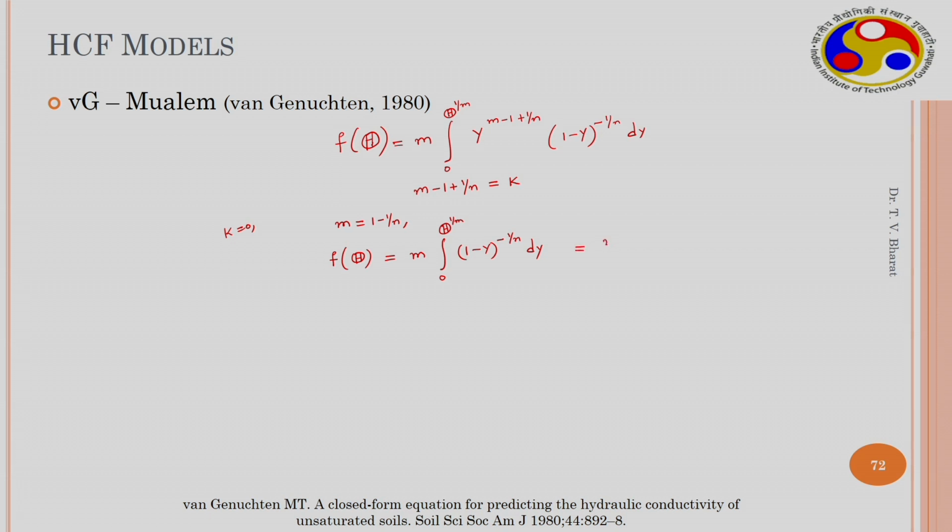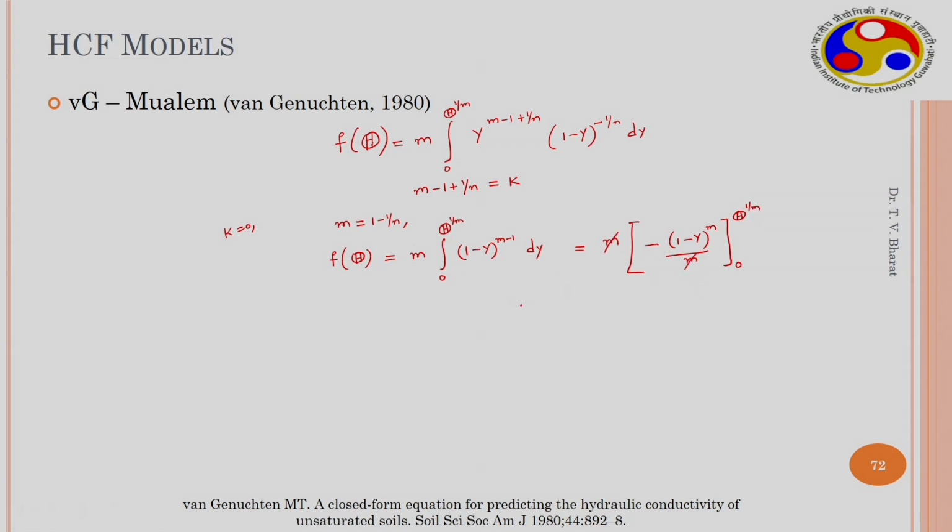When we integrate this, we can substitute, instead of n, 1 minus m, because all the parameters are in terms of m. When we substitute and do the integration, this is simply 1 minus y power m divided by m. The limits are from 0 to uppercase theta power 1 by m.